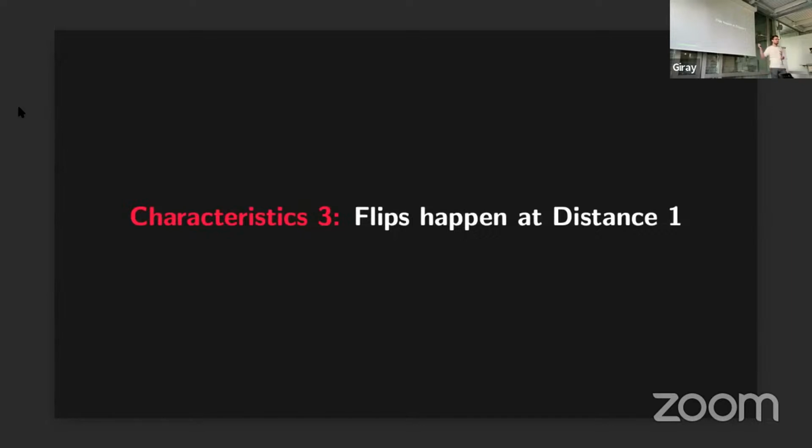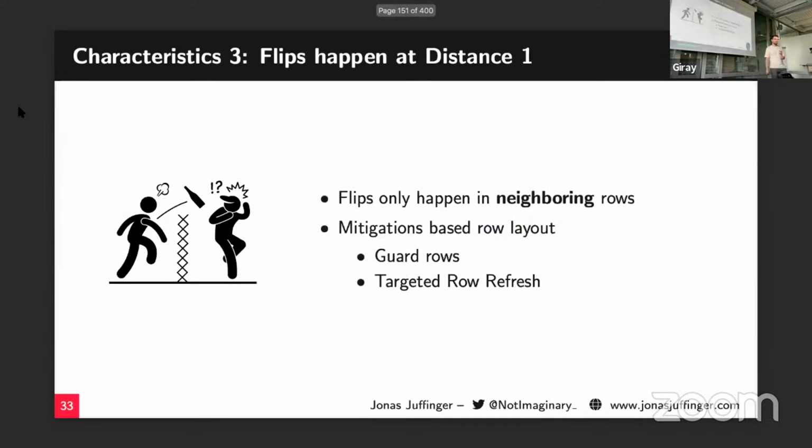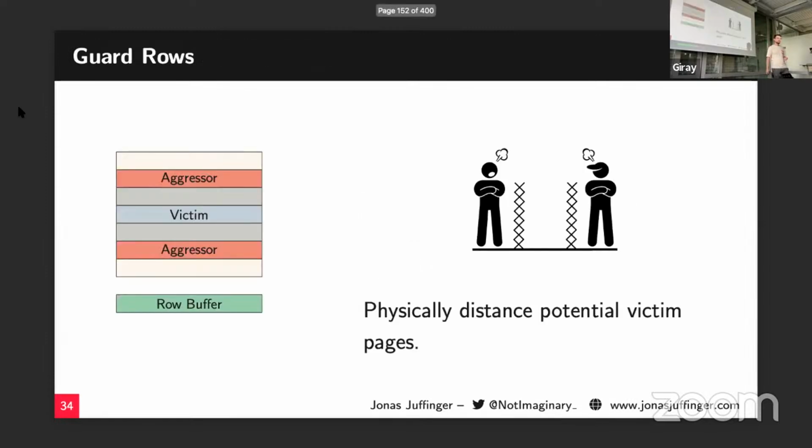And there's the third characteristic that most mitigations were based on: that flips only happen at distance 1. So only directly neighboring cells are flipping. And then people proposed different mitigations based on that. One, for example, was to introduce guard rows.